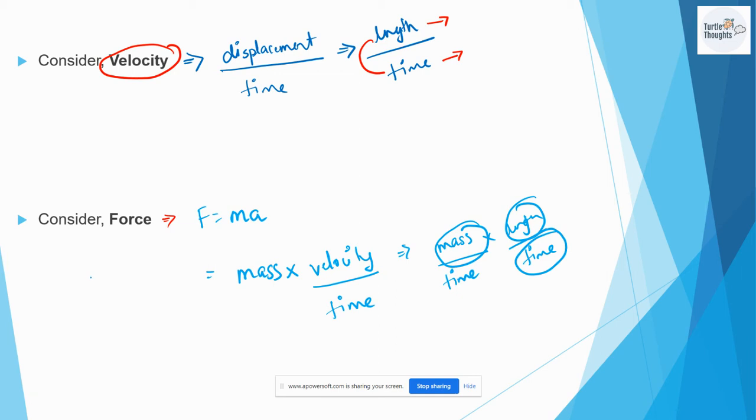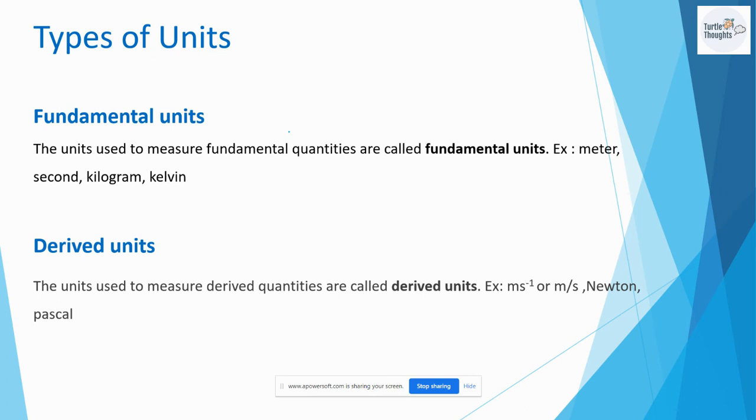Okay, I hope the example for derived quantities, or how to categorize any quantity as fundamental or derived, is clear. Types of units. We have two types of units. One is fundamental units, the other one is derived units. The units used to measure the fundamental quantities are called fundamental units.